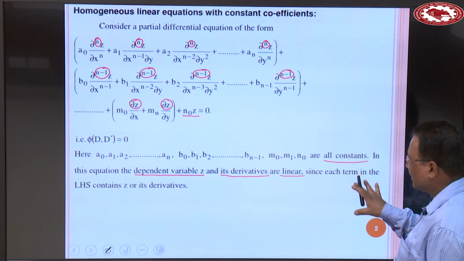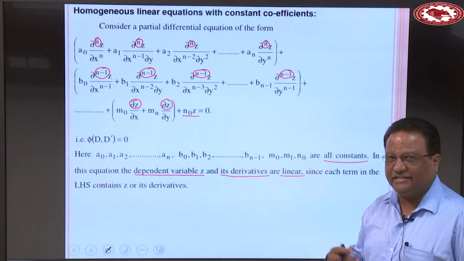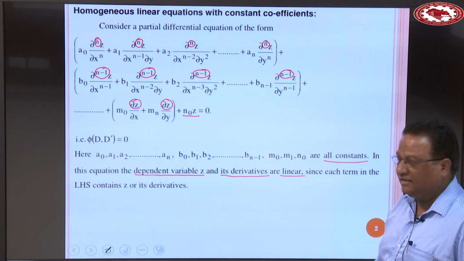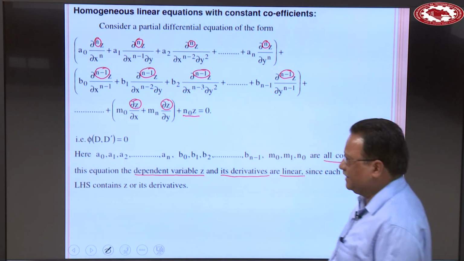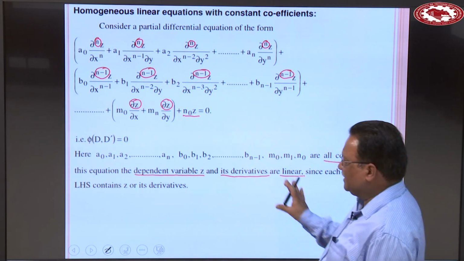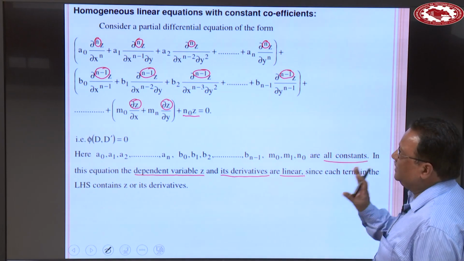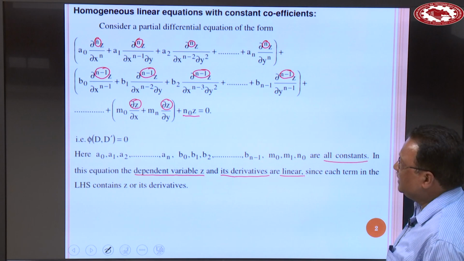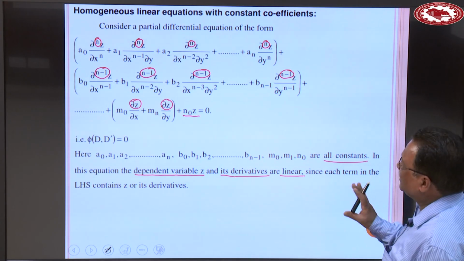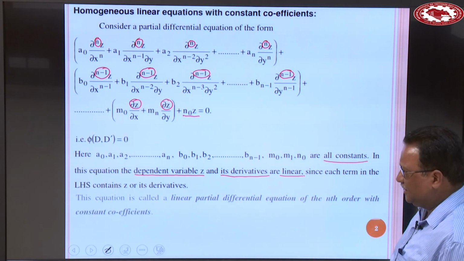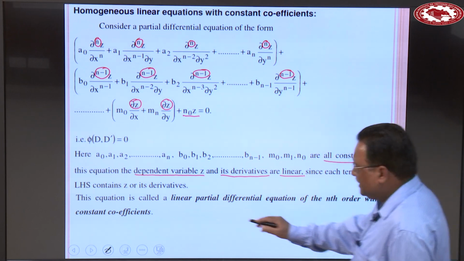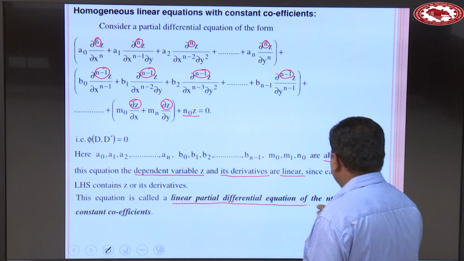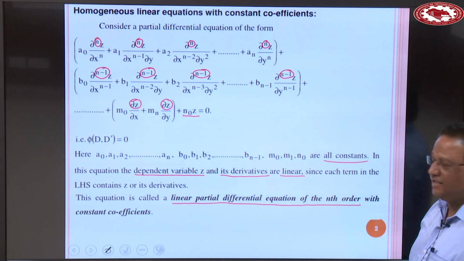This means each term in the left hand side contains z or its derivatives, clear. So, this is a linear partial differential equation with constant coefficients, not a homogeneous one. So, this equation is called a linear partial differential equation of nth order with constant coefficients.